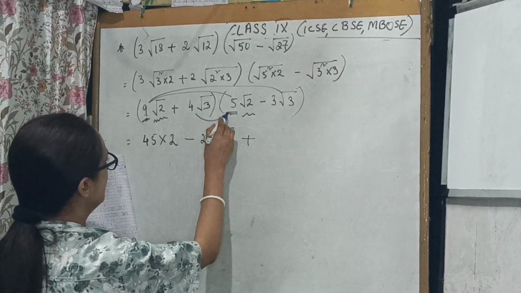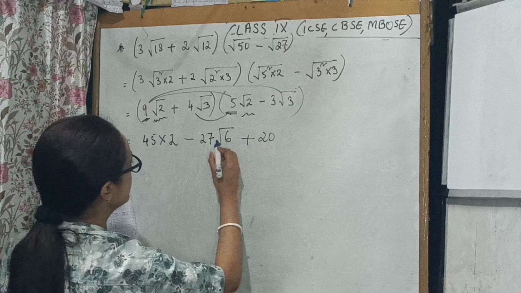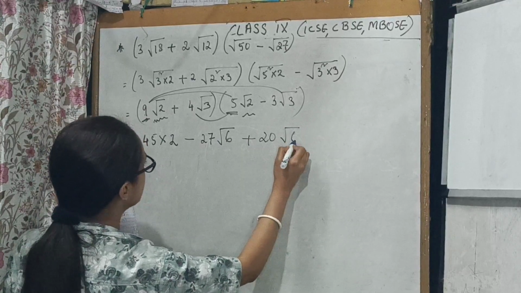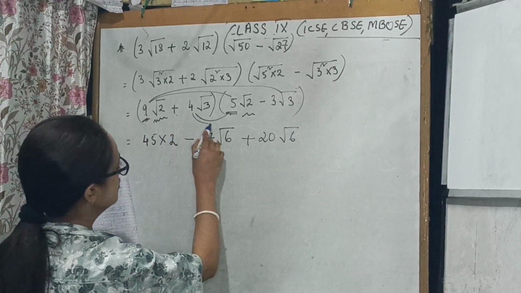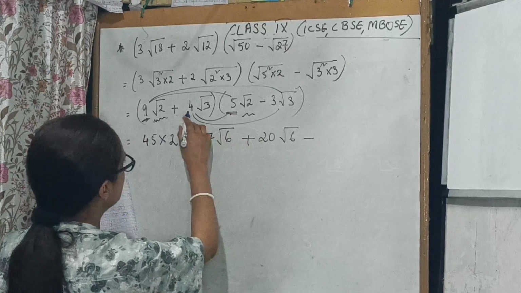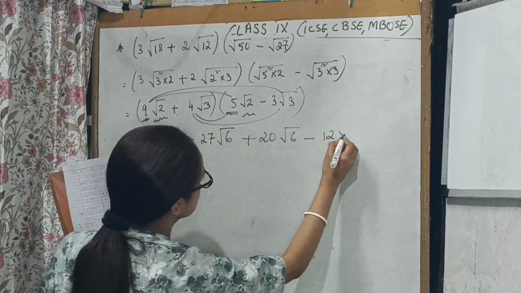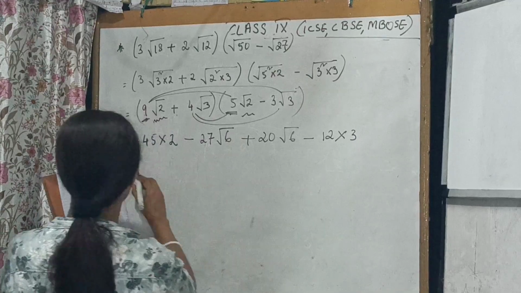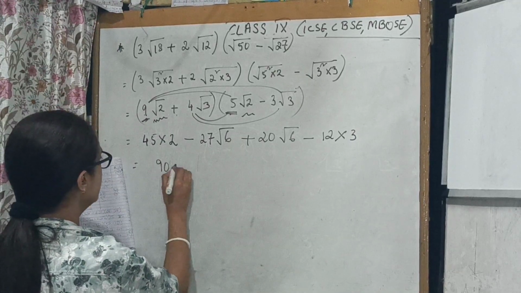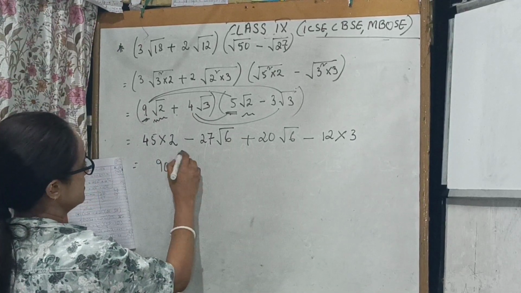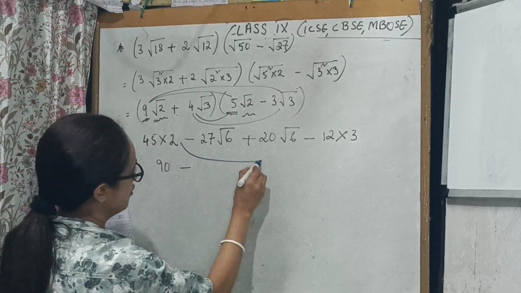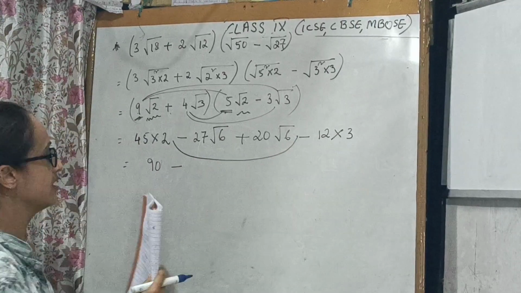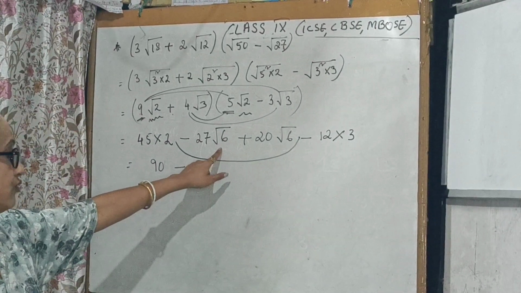यहाँ पे 4 5s are 20. Again root 6. Plus into minus is a minus. 4 3s are 12. Root 3 into root 3 is only 3. So this is 90 plus, focus for this part only because this has a square root of 6.